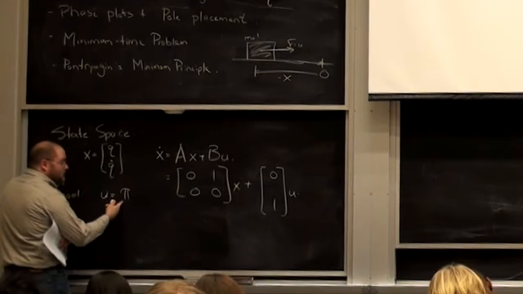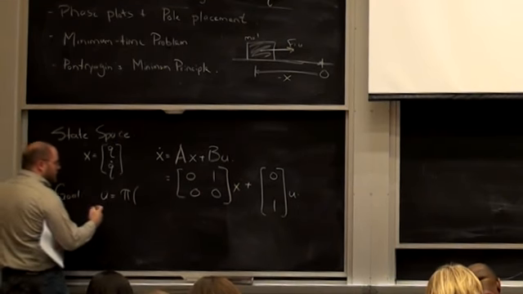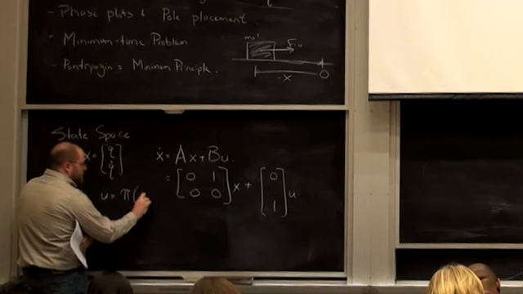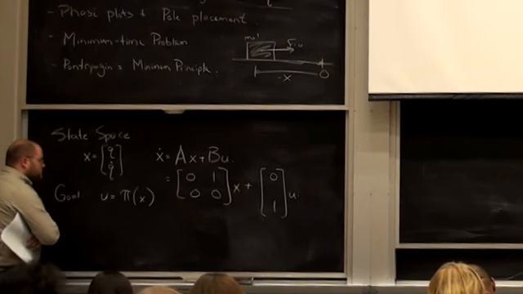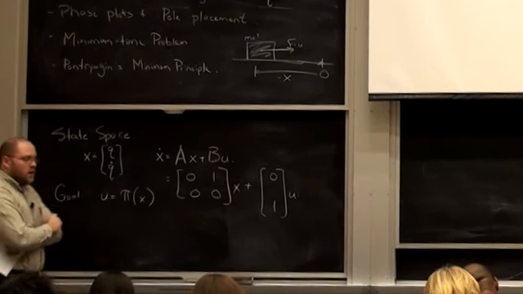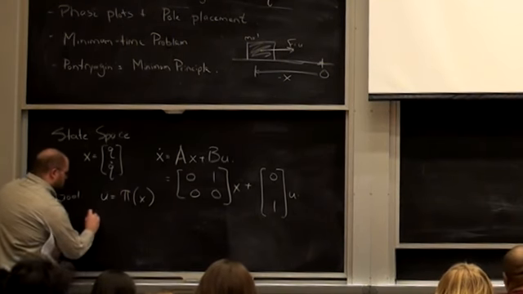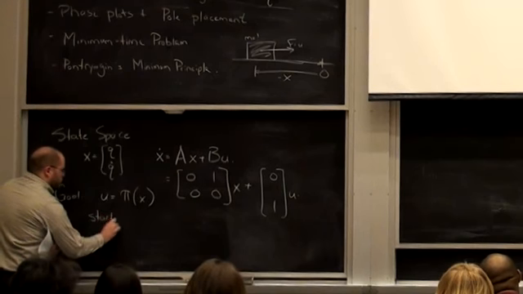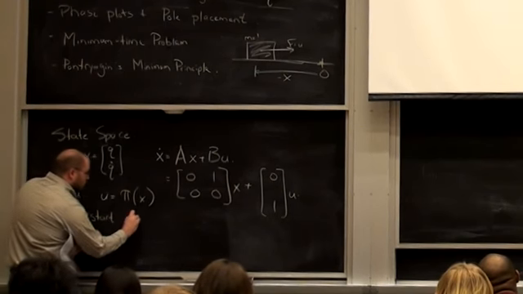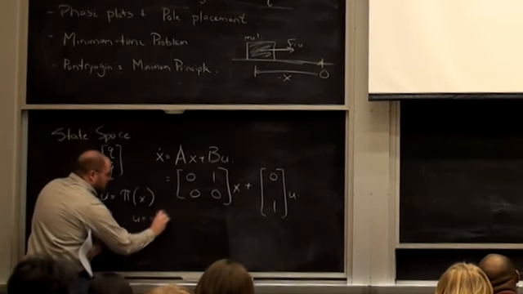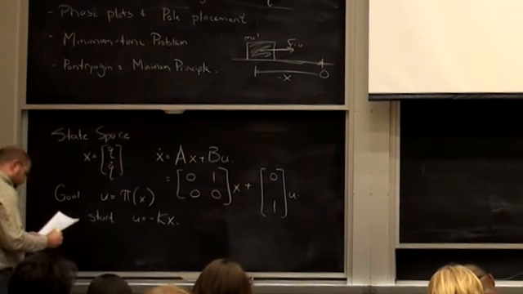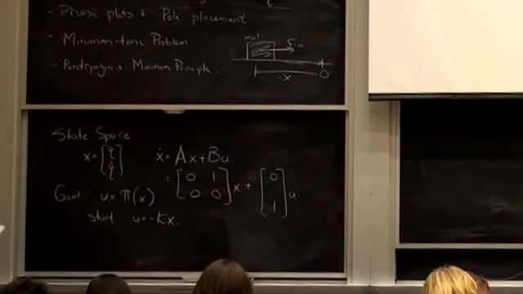I use pi for my control policies, which is a function of x. Okay. Let's start by doing the linear thing. Let's start with considering u's of the form negative Kx, okay? Where K is a matrix.